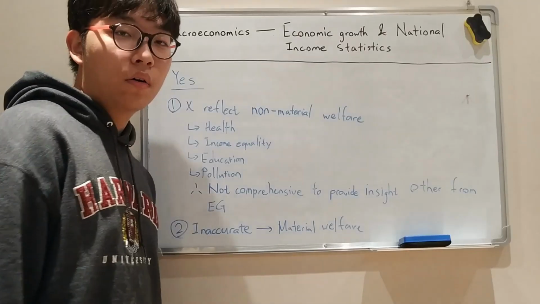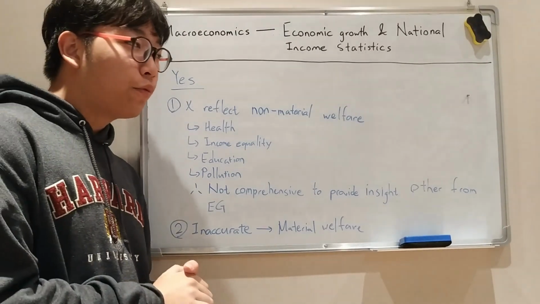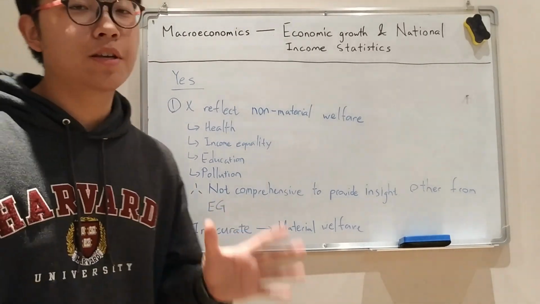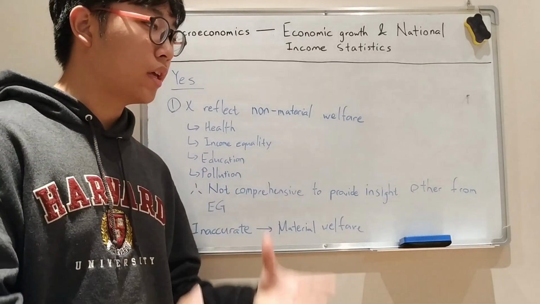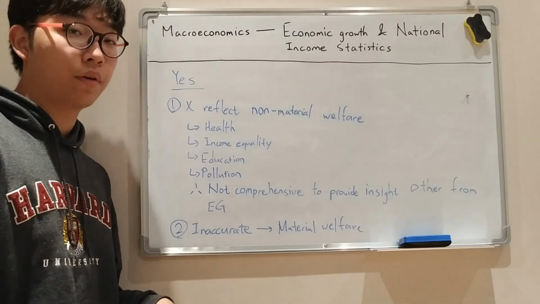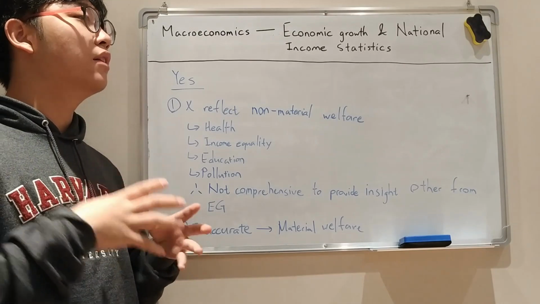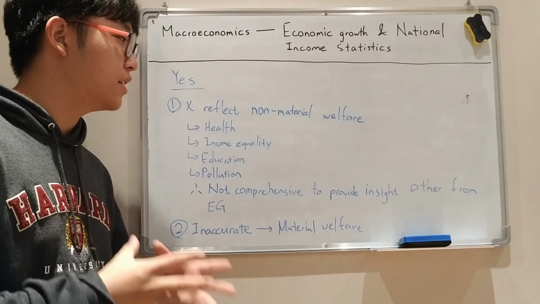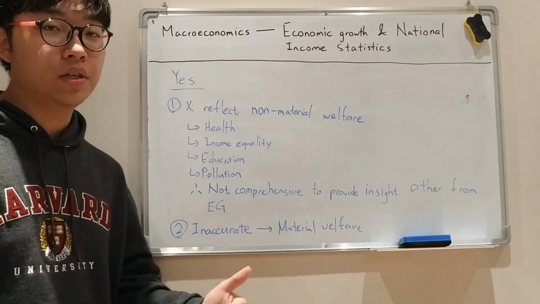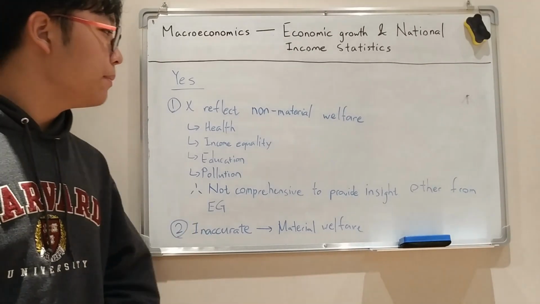economic growth. Speaking for the fact that the national income statistics can only give insight into economic growth, the first point would be that the national income statistics does not reflect non-material welfare. What does that mean?